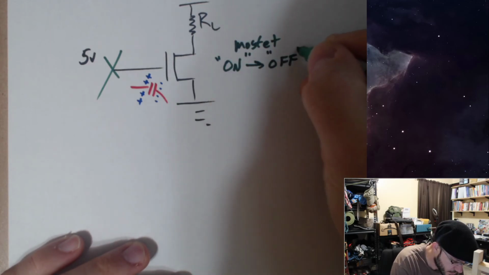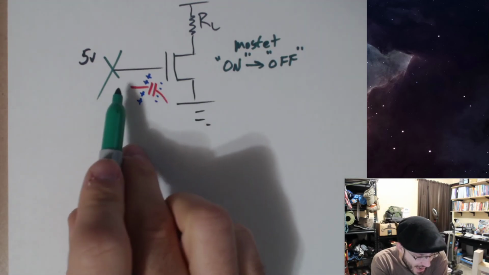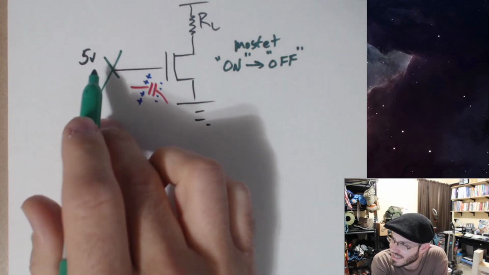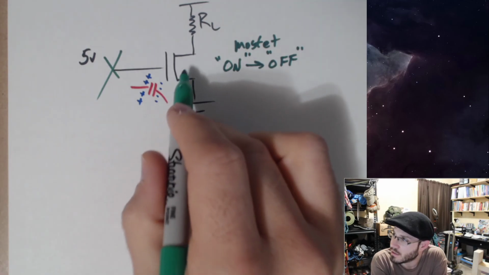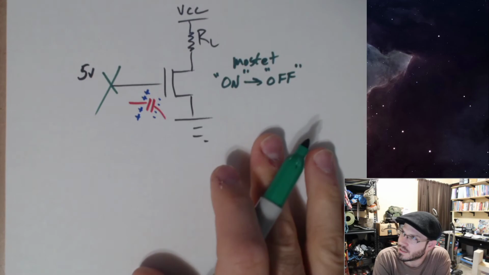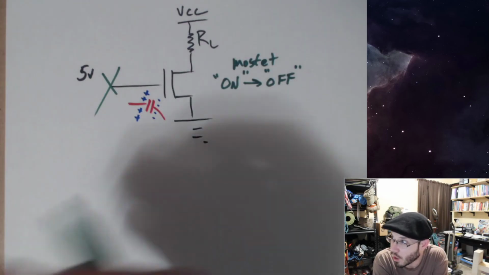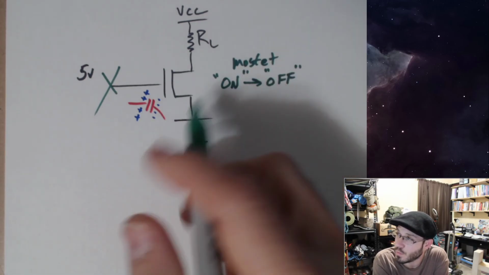It would be nice if we had some fail safe so that if this circuit disconnects for any reason, that we safely put this MOSFET back into an off state, because generally speaking, if we lose a connection here, we would like the whole system to default to a safe situation.